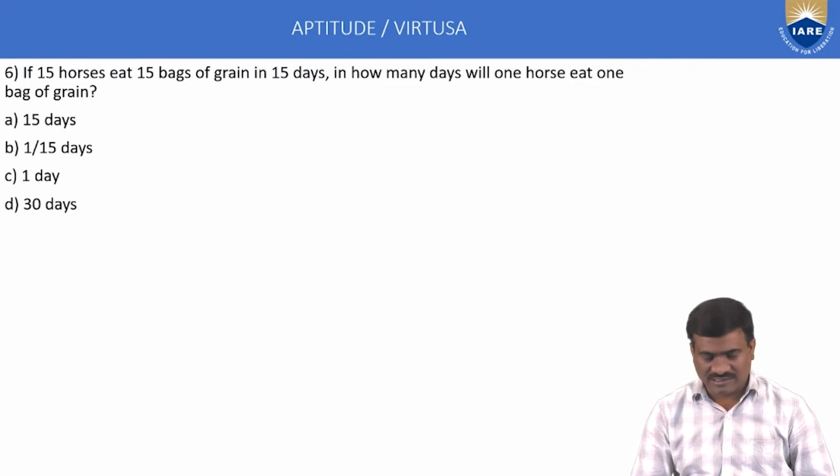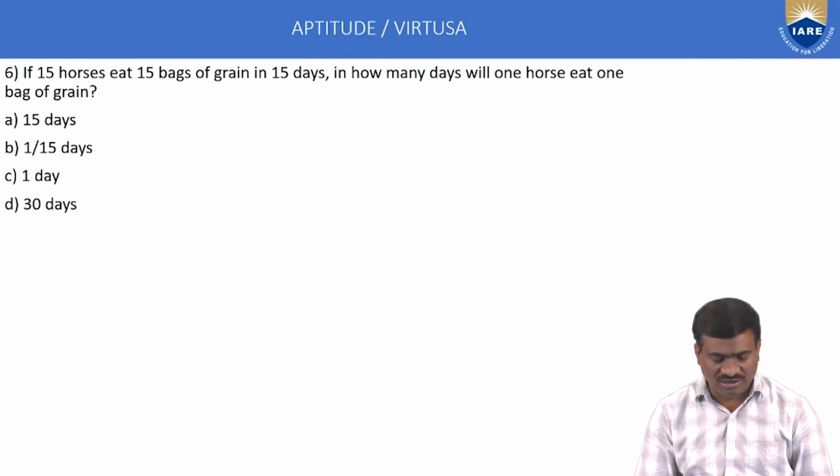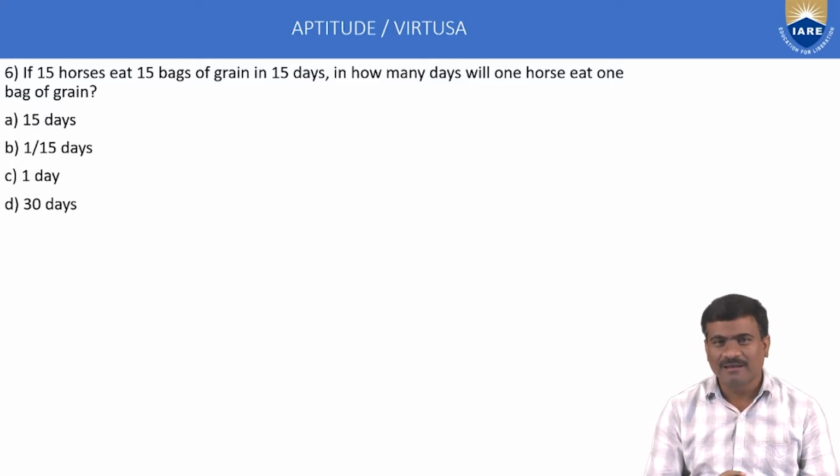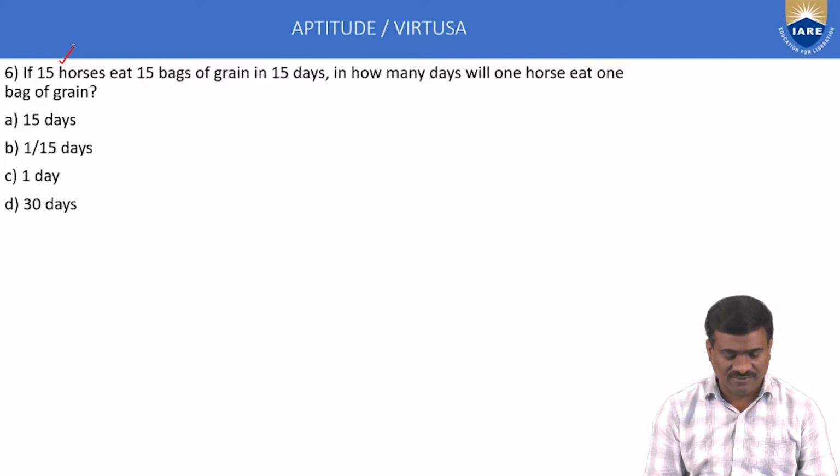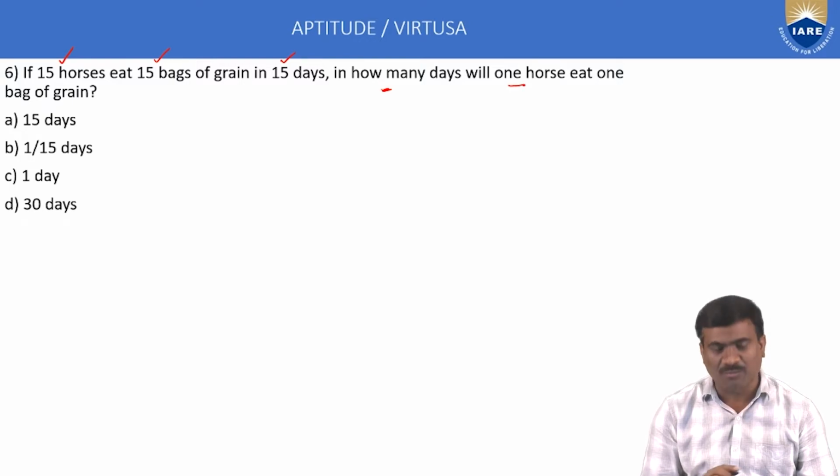Next, sixth example, time and work concept. In the time and work concept, the method is the chain rule property. Number of articles, number of hours is 15, number of bags 15, number of days 15. Calculate the number of days for the second statement: one article, 1 hour, and one bag.